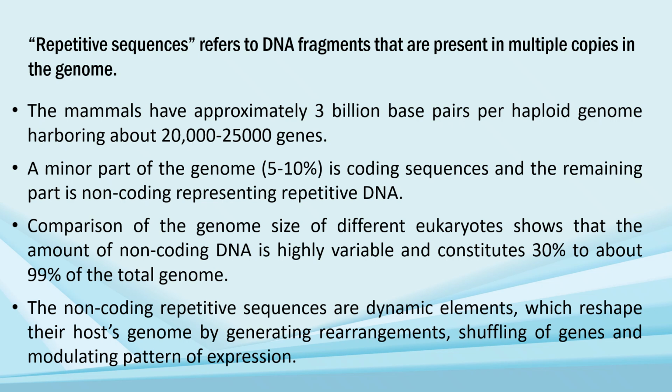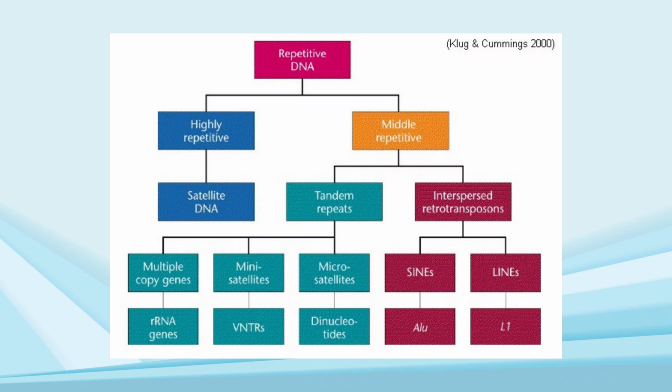The non-coding repetitive sequences are dynamic elements which reshape their host's genome by generating rearrangements, shuffling of genes, and modulating pattern of expression. This repetitive DNA can be categorized as highly repetitive and moderately repetitive.